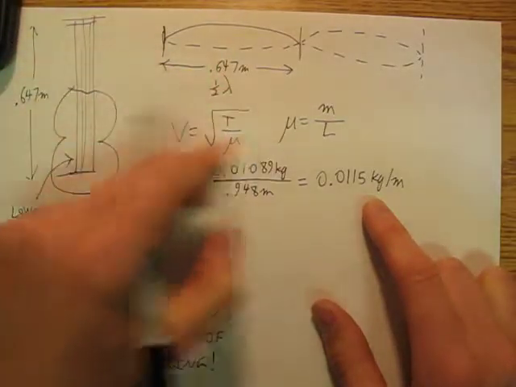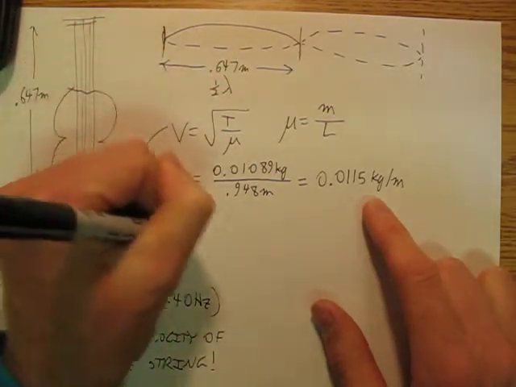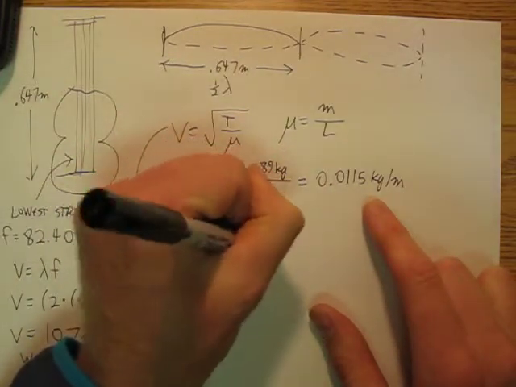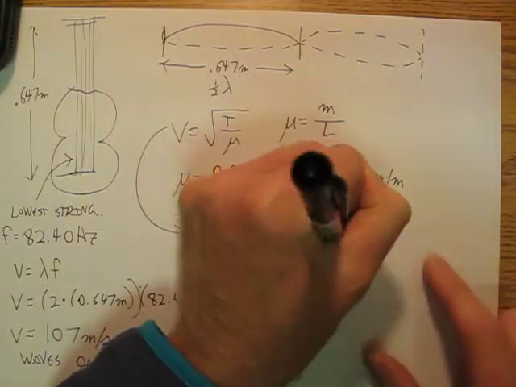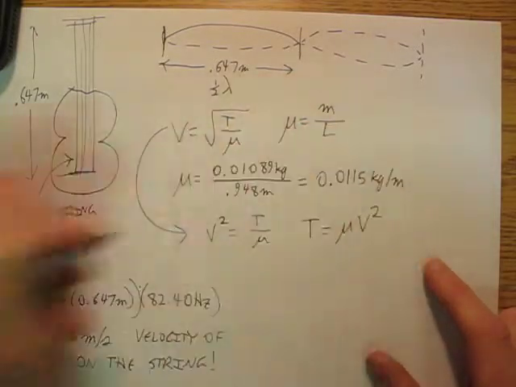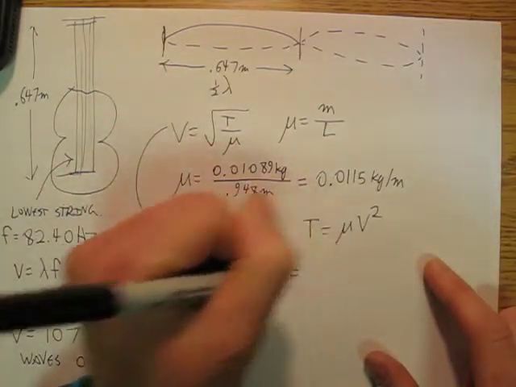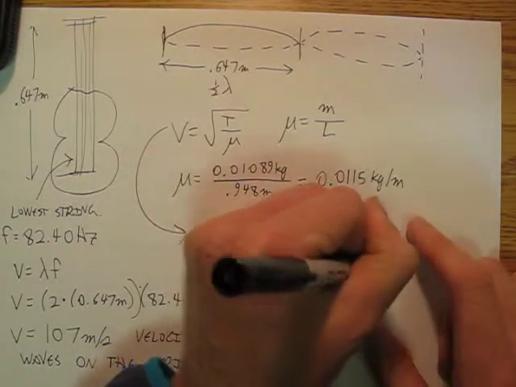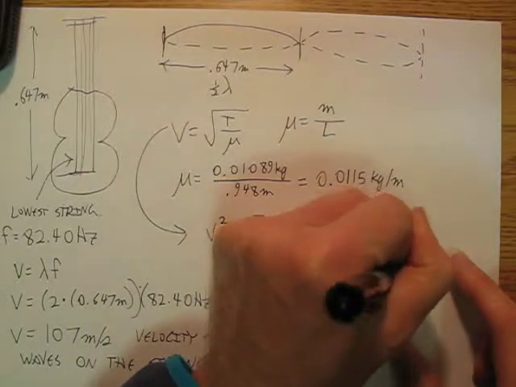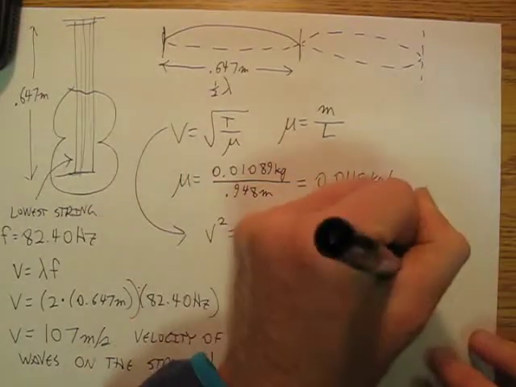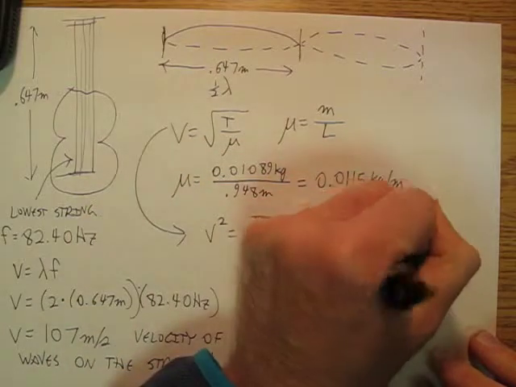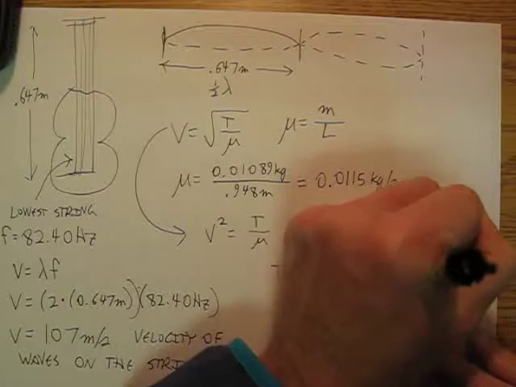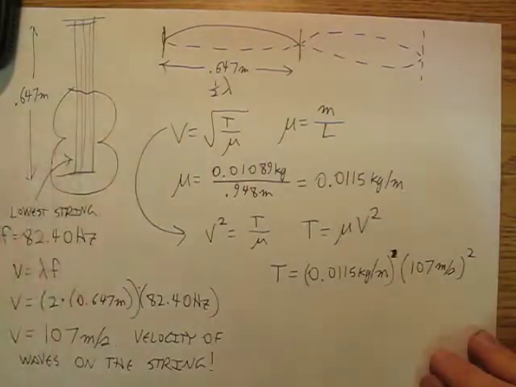Let me rearrange that for a second. V squared is equal to T over mu. So T is equal to mu V squared. So my tension should be 0.0115 kilograms per meter. I'm sorry, the velocity is squared, and my velocity is going to be 107 meters per second, squared.